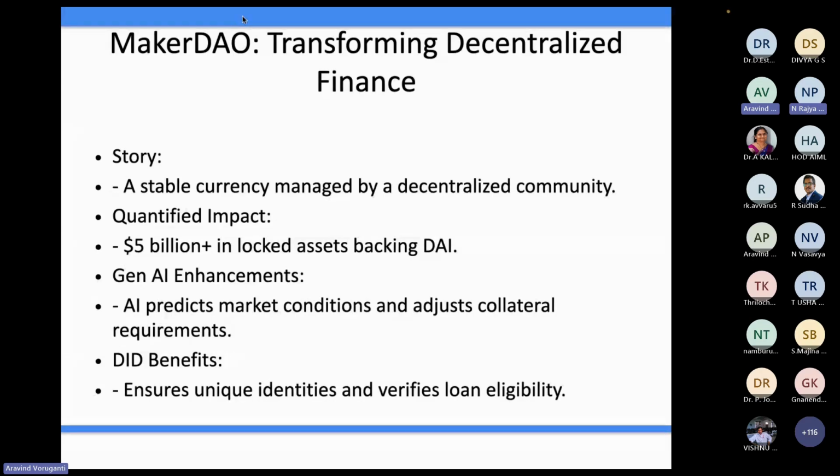So it is a decentralized community crowd pooling the assets into the reserve, and that reserve backs the stable coin. And this whole thing is just happening as a DAO. Just imagine $5 billion worth of a currency, a stable coin, managed completely by a decentralized autonomous organization.